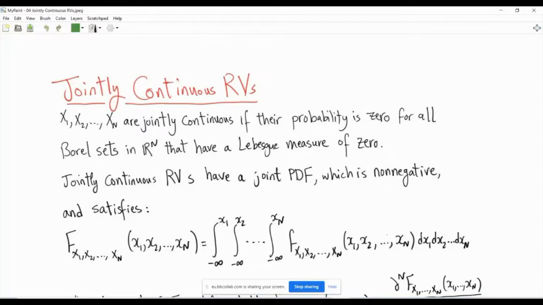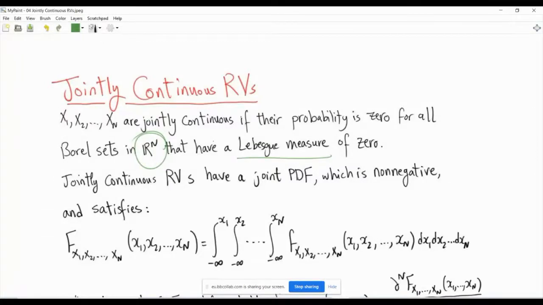So that's the rigorous definition. If for any Borel set in Rn that has measure 0, the probability of this Borel set is exactly equal to 0, then we say that our random variables are jointly absolutely continuous.